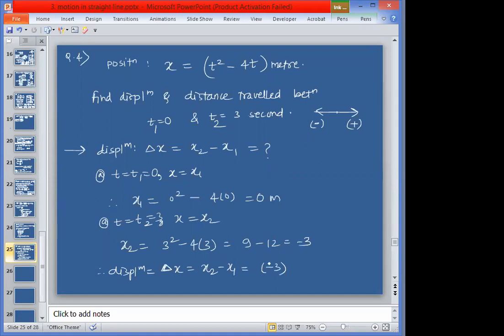Final position -3 minus initial position 0, so -0, no need to write. Answer will be -3. Okay, check it, the displacement answer is -3.